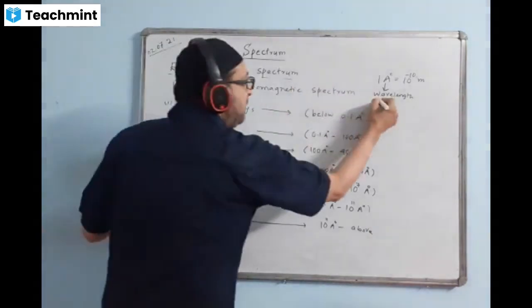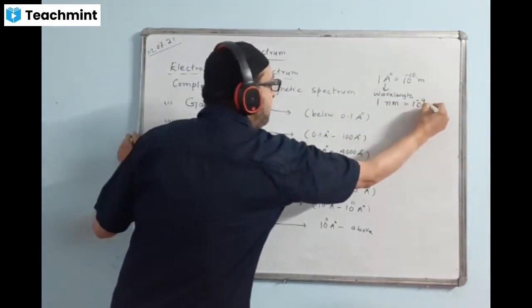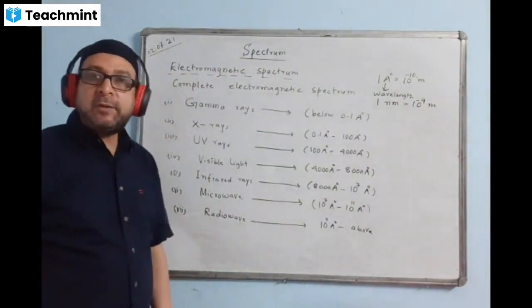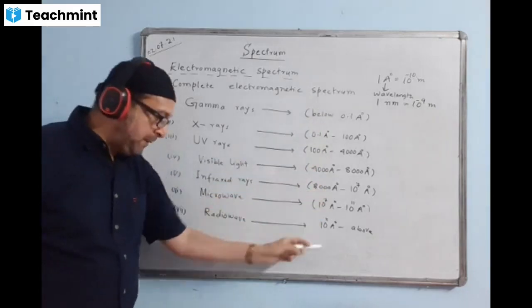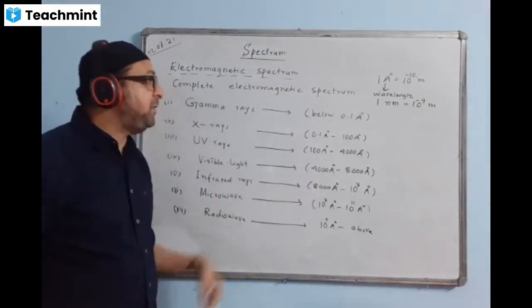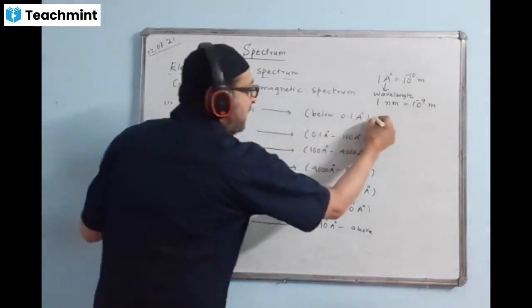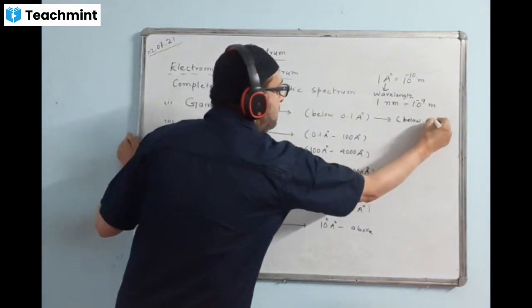Write one value also: 1 nanometer, nm. 1 nanometer is 10 to the power of minus 9 meter. Same values we can change into nanometer. If you change now, you have to divide by 10. In nanometer, gamma rays will be below 0.01 nm.